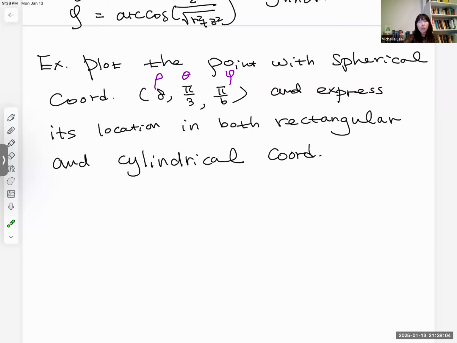Okay, so here is an example. Plot the point with spherical coordinates 8, pi over 3, pi over 6, and express its location in both rectangular and cylindrical coordinates. Okay, let's plot.